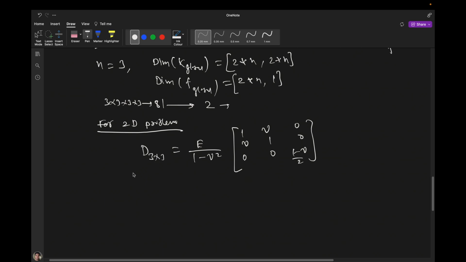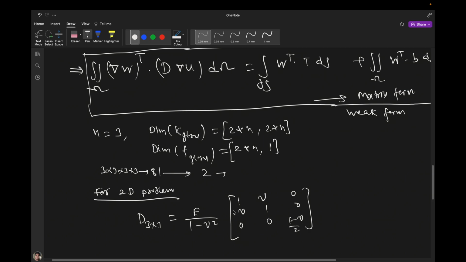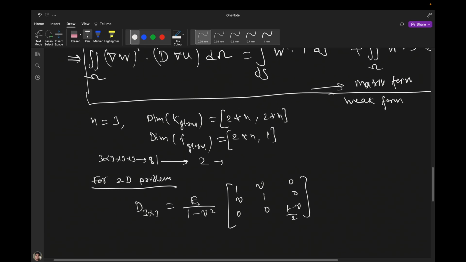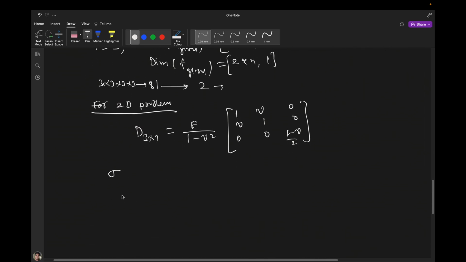So how will we construct the stiffness matrix based on this? There is a catch: since it is a plane stress problem, sigma is also 2D.